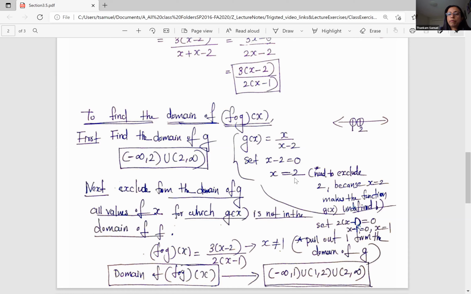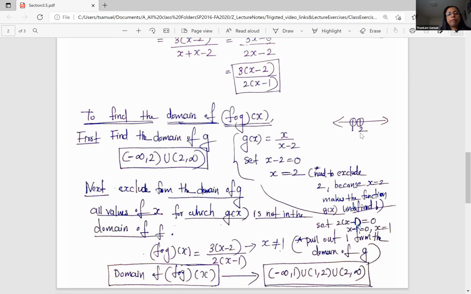So the domain of g of x is all real numbers except x equals 2. In other words, we need to exclude 2 from the domain of g of x because x minus 2 makes the function g of x undefined.